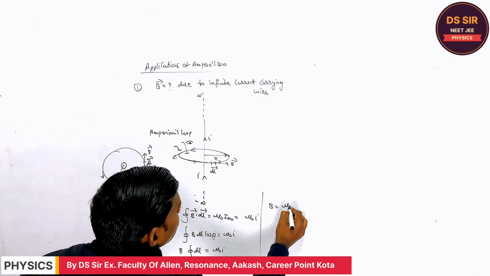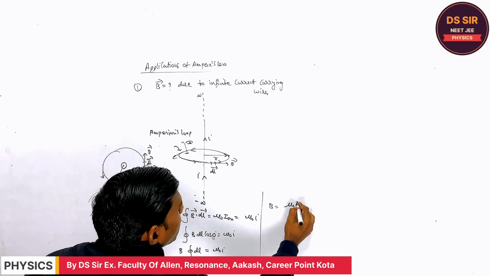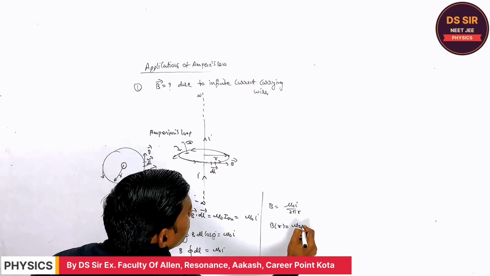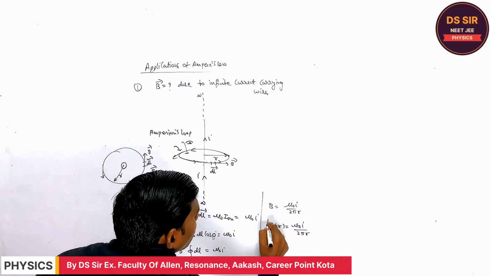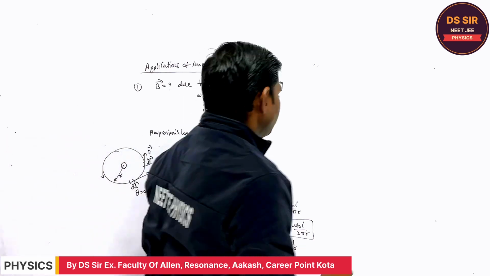B is equal to mu naught I upon 2 pi r, where I is the current in the wire. So this is the magnetic field as a function of r. Is it clear or not? So the magnetic field is inversely proportional to r, right?